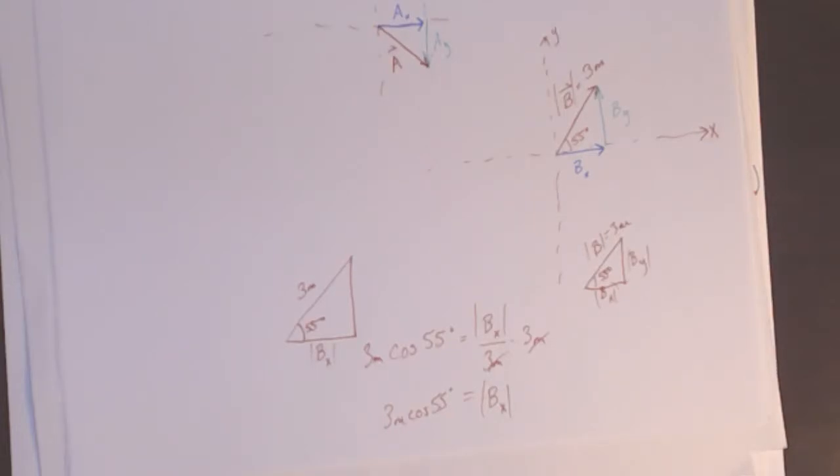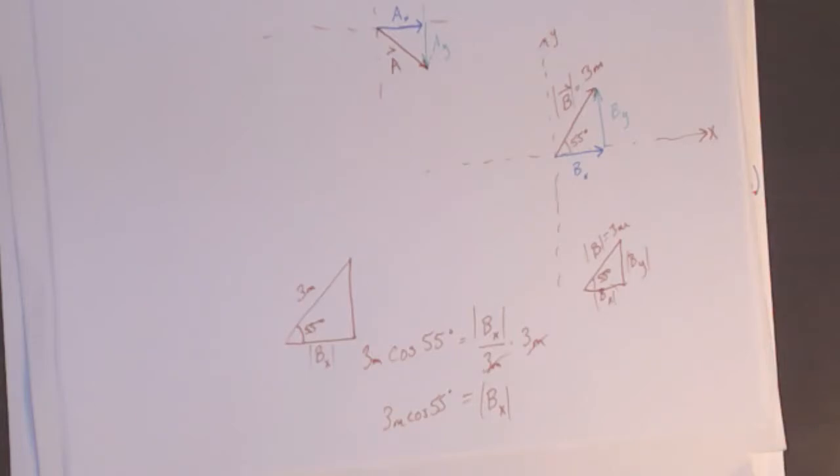It's really important that if I'm plugging in 55 for my angle, I make sure my calculator is set to degrees. Every calculator is different. It'll be under the mode or settings, and you can choose degree or radian.